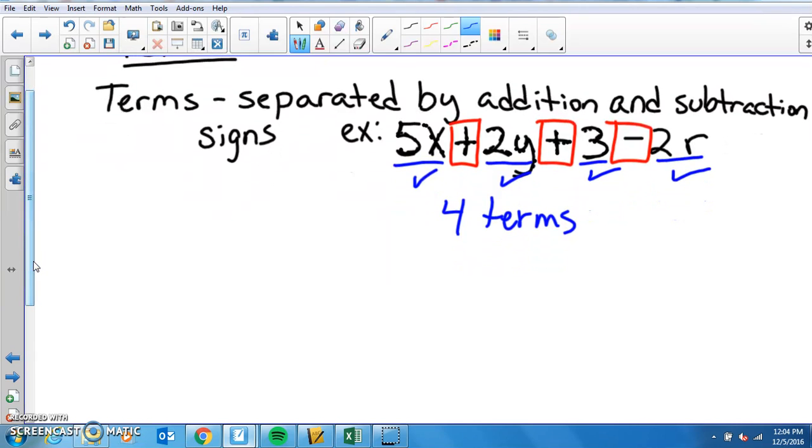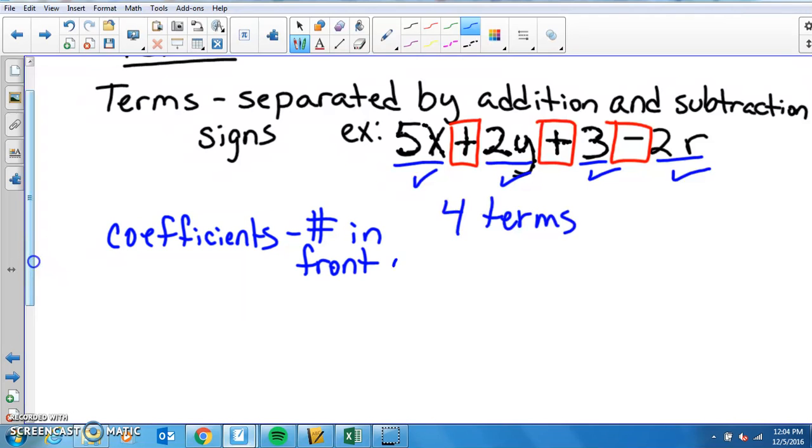All right, the next thing we have is coefficients. Coefficients are the numbers that come in front of the variable. So if I have 2x, the 2 is my coefficient.